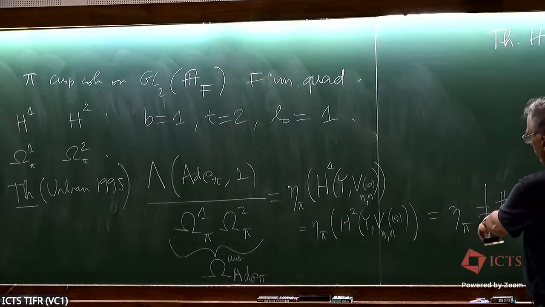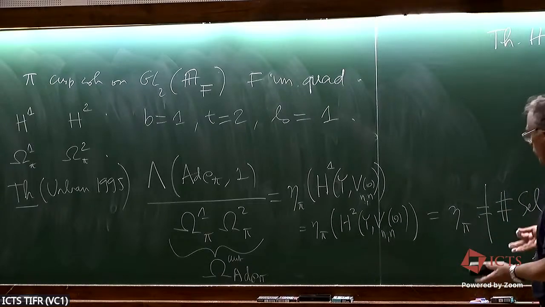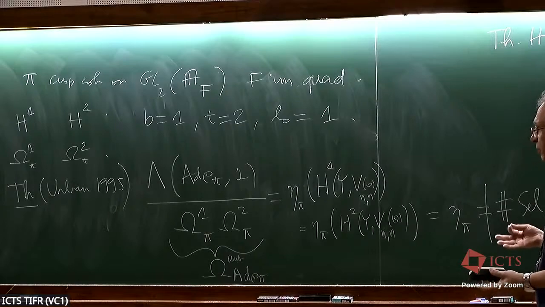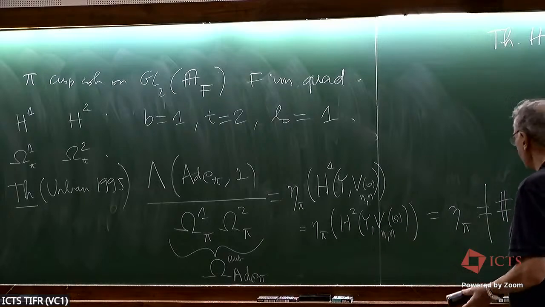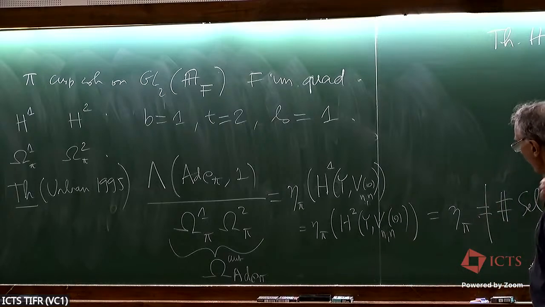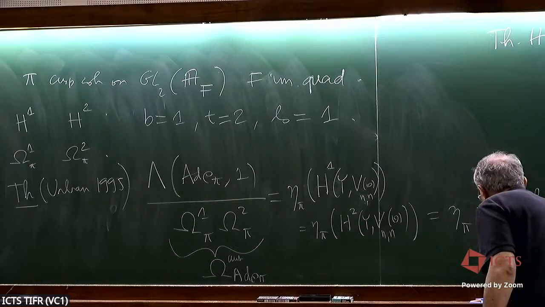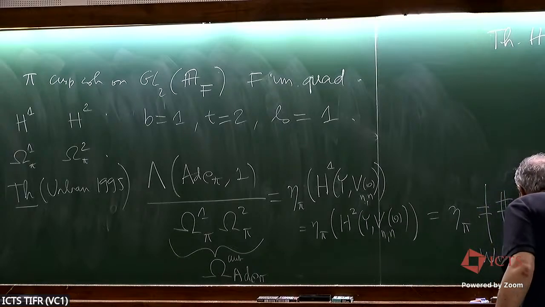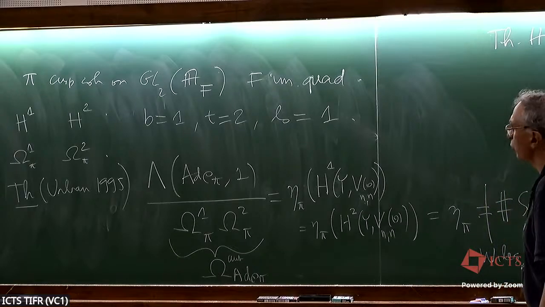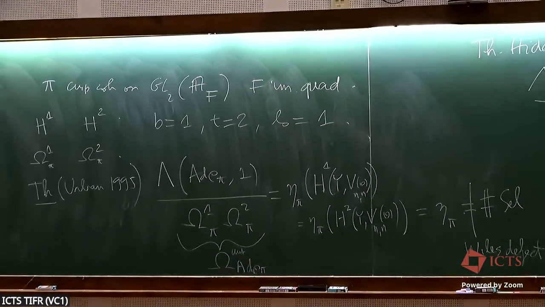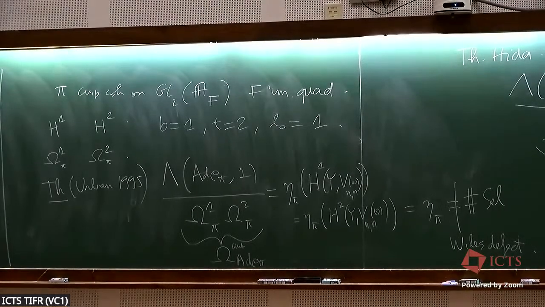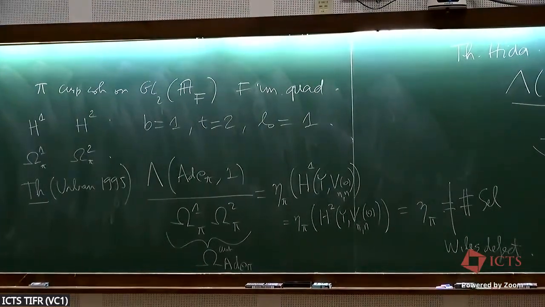In that case, the difference is some interesting number, which has a commutative algebra definition, and the quotient is the Wiles defect. In that case, it's not equal. Maybe at the last talk, I will define the Wiles defect. Okay, so this I keep.